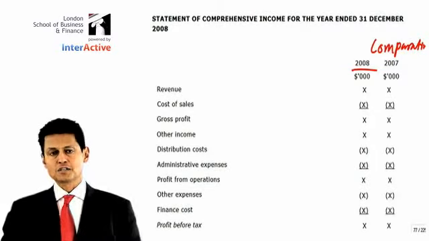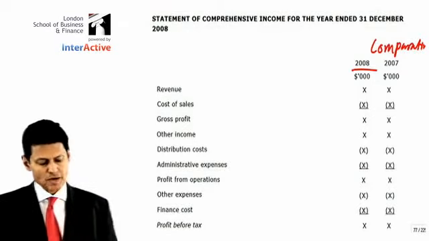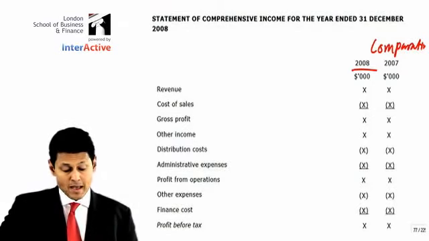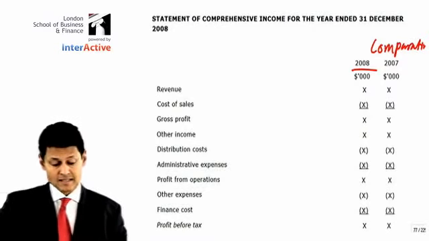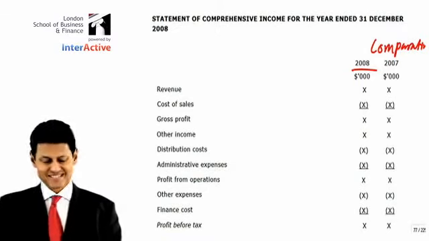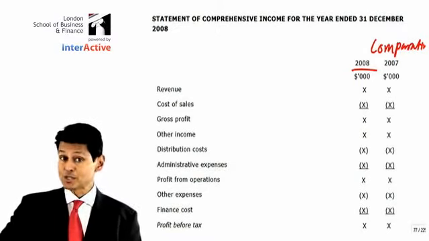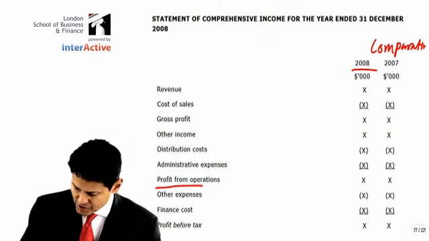In the exam, you'll be asked to do just the 1 year. Revenue, cost of sales, gross profit, other income, etc. Profit from operations. Please underline that. The original IAS says that it is optional, but the examiner likes you to show it, so let's just do it. This is the profit from operations.